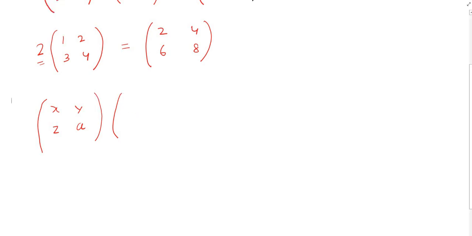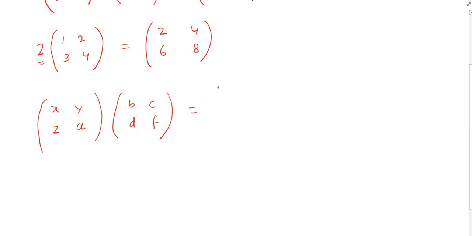Let's make it B, C, D, F. Okay, when we are doing the matrix multiplication, how it actually works, it goes by this row and this column. So what does it mean?